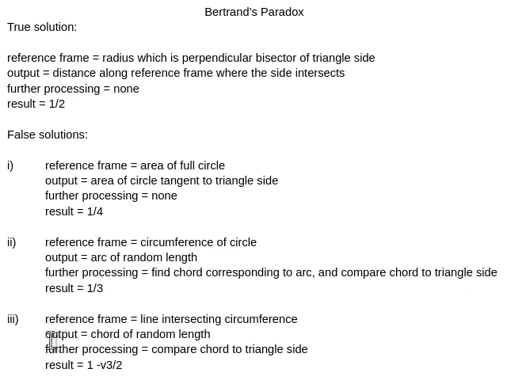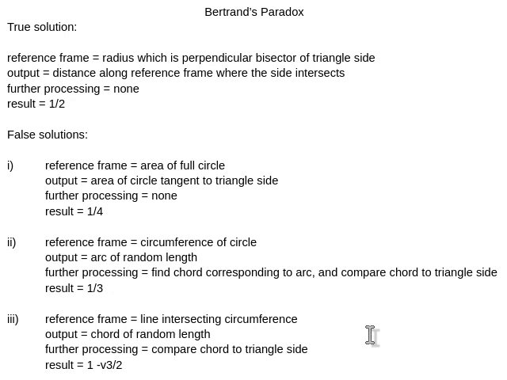And then 3. So this is the one that I found after I just glanced at the problem and it was like, wait, you're not understanding what the question even is. Oh, look, there's another solution. Here your reference frame is a line intersecting the circumference. So you have an intersection point.